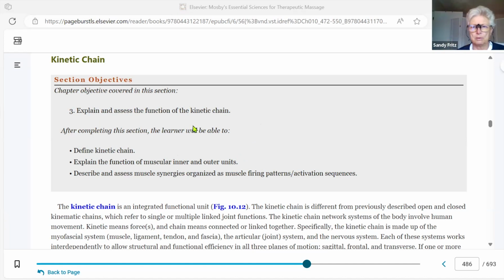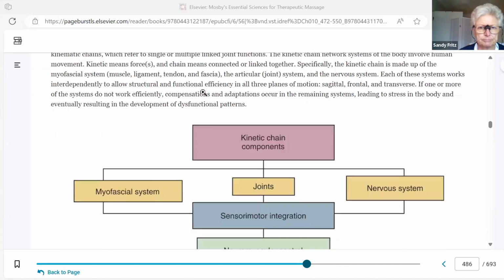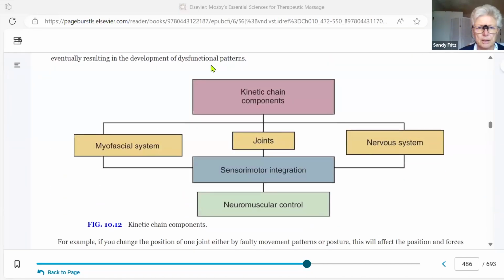And so this is a very functional concept here. So it's the myofascial system, the nervous system, joints, sensory motor integration, and neuromuscular control. This is all of it that works together.